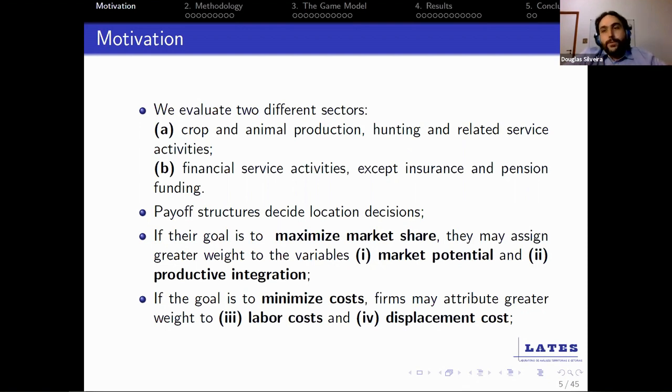On the other hand, if firms are seeking to minimize costs, they might attribute greater weight to labor costs and displacement costs. So we are trying to find a way to capture some essential strategic variables that might help firms in deciding where they should be located.